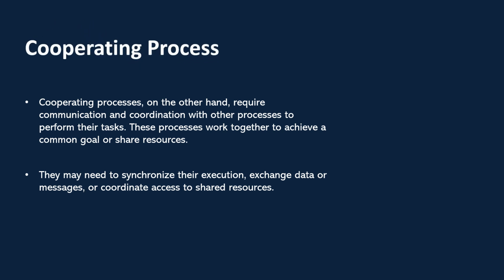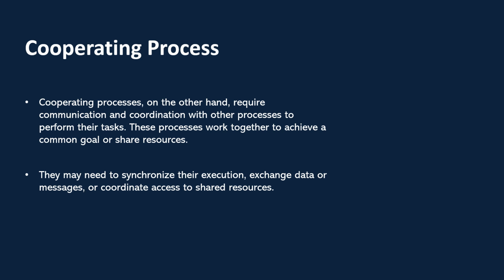Here come the cooperating processes. Cooperating processes are quite different from independent processes. Cooperating processes need to communicate and coordinate with other processes to complete their task. Unlike independent processes, there is a condition that they depend on other processes so that they can work together and achieve a common goal or share their resources.